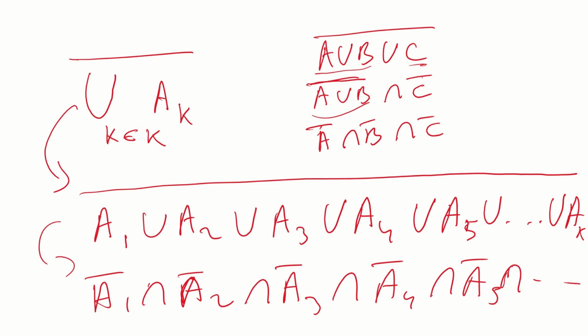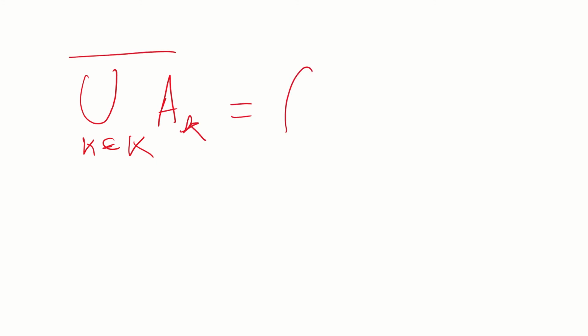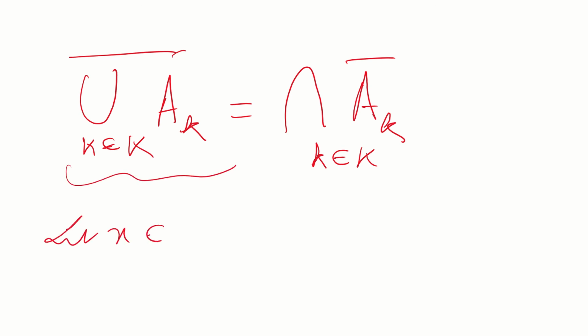But in order to show that these two sets are equal, like what you have on the homework, you are asked to show that the complement of the union over k of A_k equals the intersection over k of A_k complement. Now in order to show this, again you must pick one element in this set. You must say let x be in, because you are going to show that they are subsets of each other.